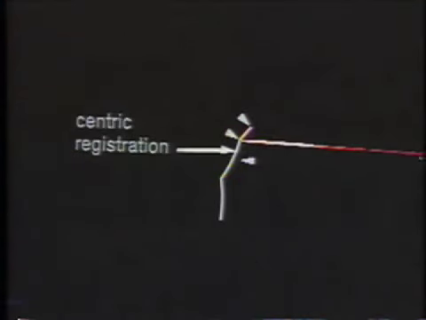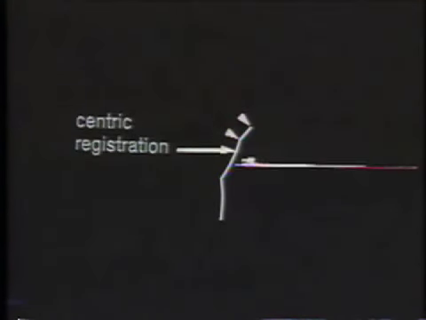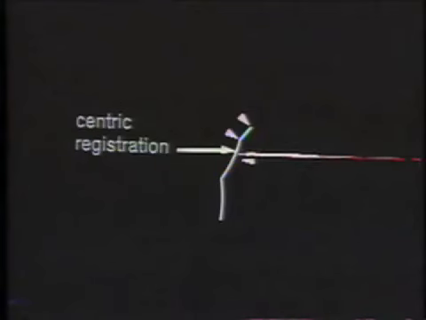So there we would come along and stop the closure with a wax registration, and this we would term a centric relation registration. Here we would have the patient closing on the hinge. We would place the wax in between the teeth and stop the closure at this position.